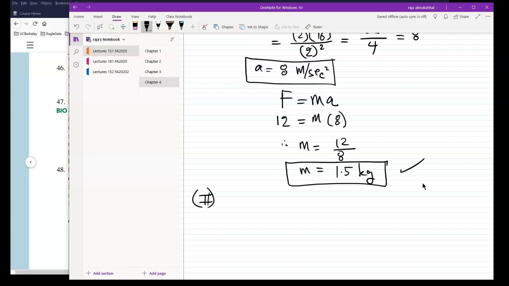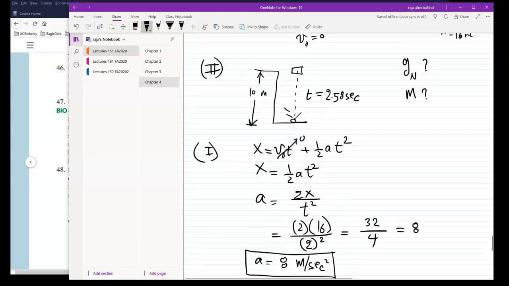He gives me free fall information. He said if I throw the same tool, mass 1.5, from a height of 10, it's going to take 2.58 seconds to come to the ground. Which kinematic equation would I use?